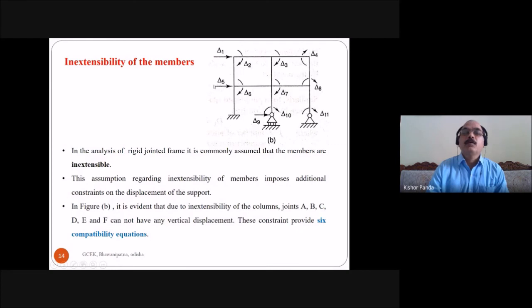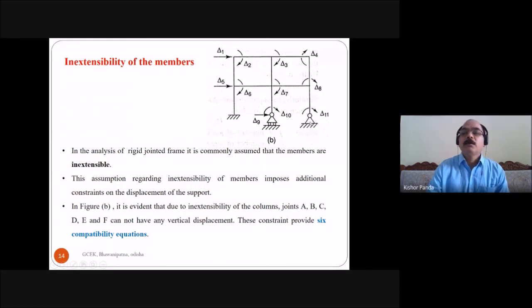And here also horizontal displacement delta 5. There is no vertical displacement, and rotational displacement delta 6. And here rotational displacement delta 7. And here rotational displacement delta 8. And here, due to the roller support, there is no vertical displacement. Only the horizontal displacement takes place, delta 9, and the rotational displacement, delta 10.